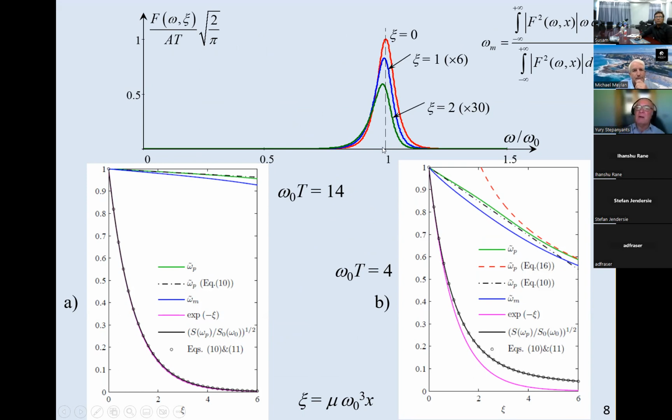But within the nonlinear Schrödinger equation, the pulse remains symmetric, and the spectrum also remains symmetric until adiabatic theory is valid. So there is a difference, and we can distinguish between these two mechanisms of decay, linear or nonlinear.